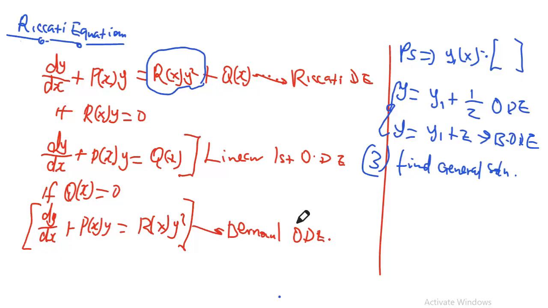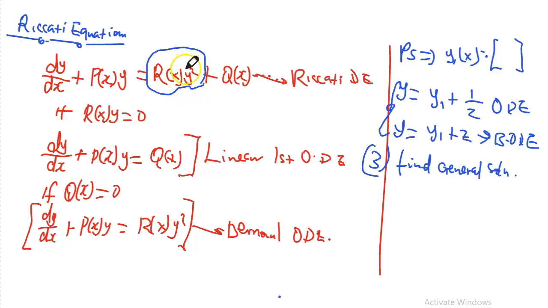And we have seen that to do that, you simply let the part that is the coefficient of y squared, like we have r(x)y squared, to be equal to 0, such that it becomes a linear equation, because we know what makes an equation non-linear is this power exponent 2.